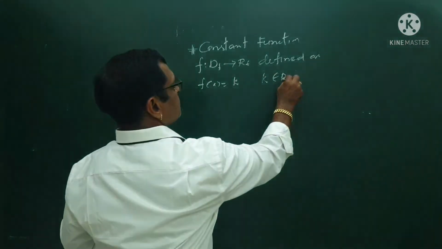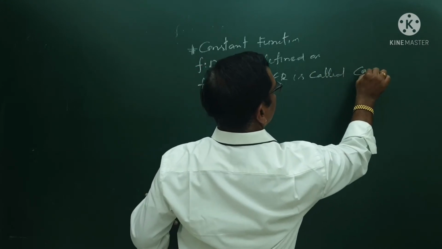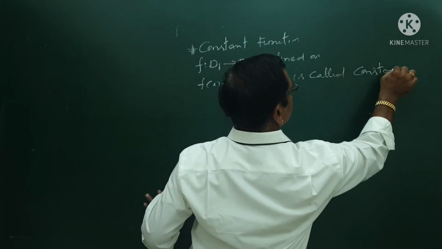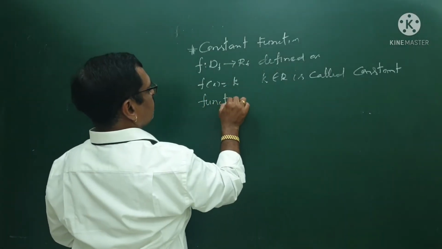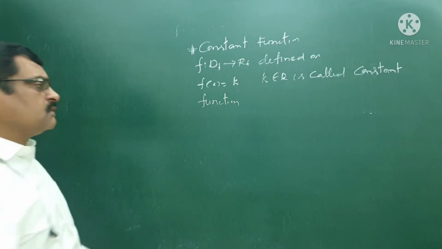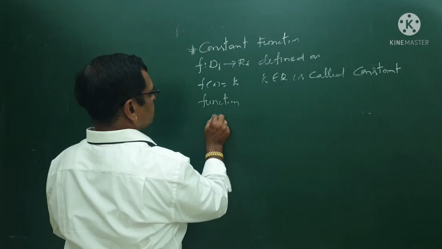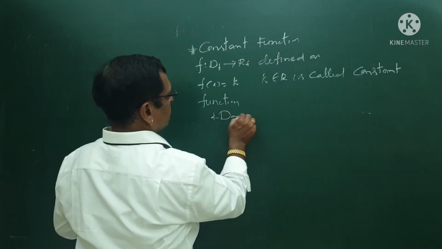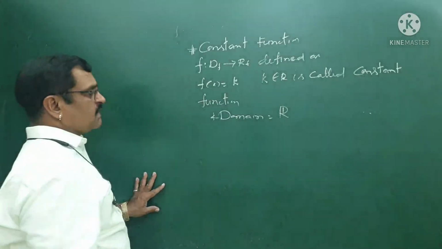Then this is called a constant function. Now, what is the domain? Because it is a polynomial function, the domain is, of course, the real number set. What is the range?